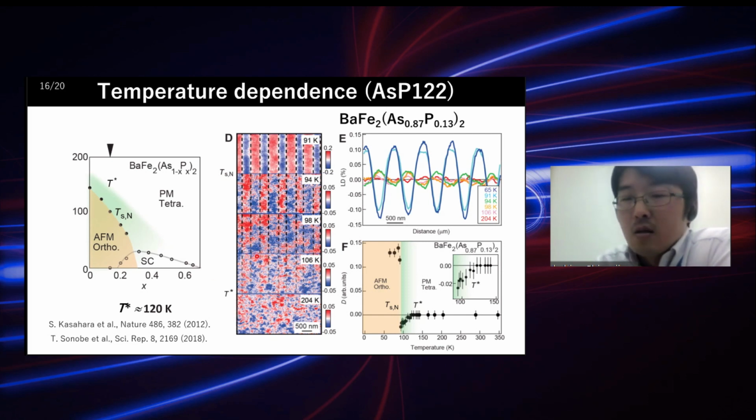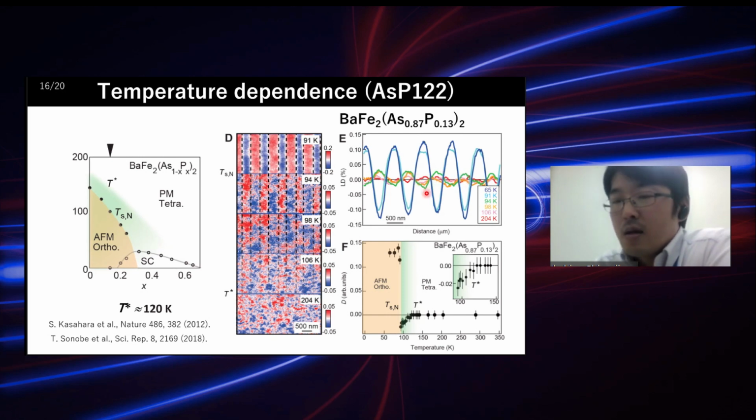So to see this more clearly, we can look at the line profiles of this data. From low temperature, its amplitude decreases, and above the nematic transition temperature, we see the sign change. But the period of the stripes is the same.